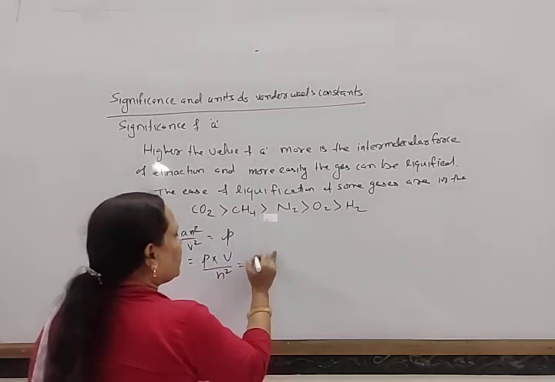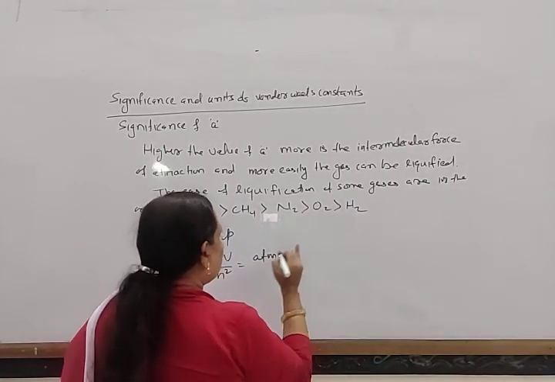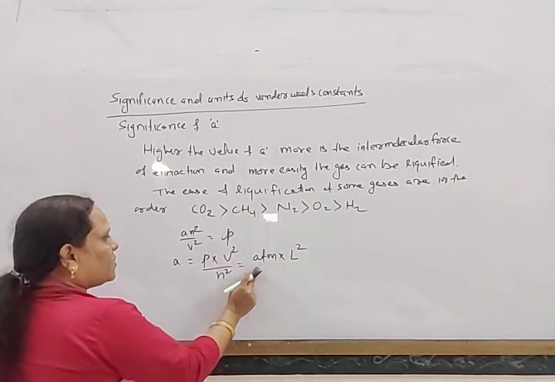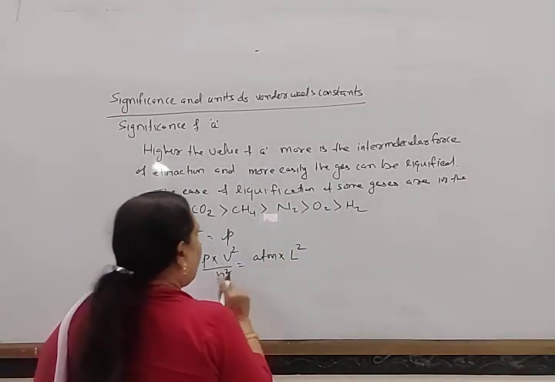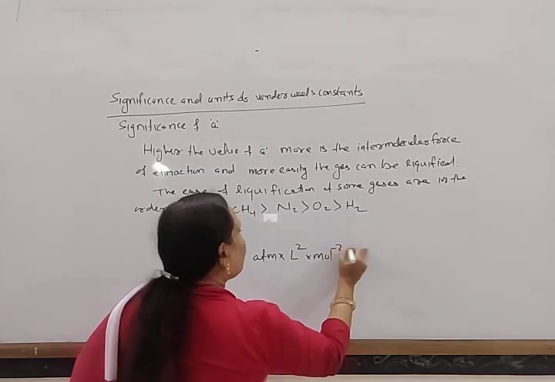Pressure has unit atmosphere, volume has unit liter, so liter square, atmosphere, and n moles, that is mole minus 2.